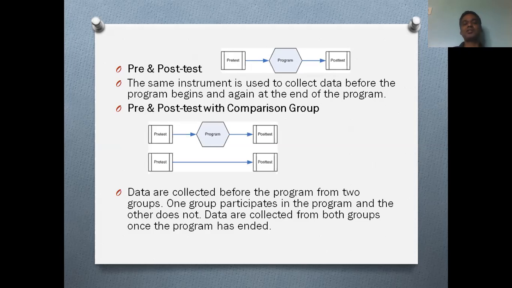Another test is the pre and post test with a comparison group. You have two types of groups: one is called the control group and another is called the experimental group. When you do the comparison, for the control group you don't give any training program, and for the experimental group you give the training program.